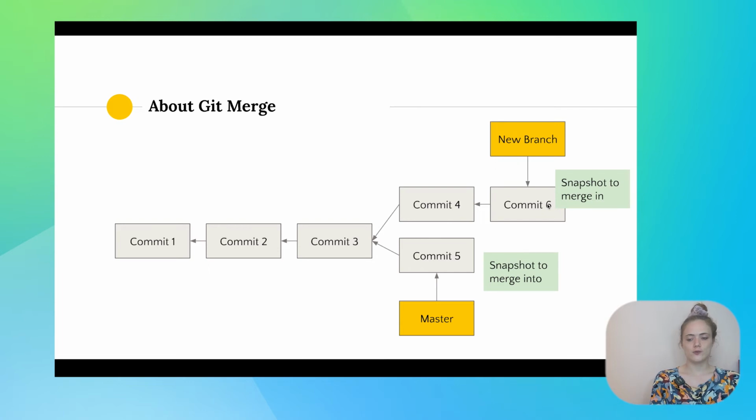So I have my commit 6, which is a snapshot, and I have my commit 5, which is also a snapshot. So I want to merge 6 into 5. So 6 is a snapshot to merge in, and I'm going to integrate the change I made here into commit 5. So I sort of merge my code together. So this is how conceptually we can explain git merge.